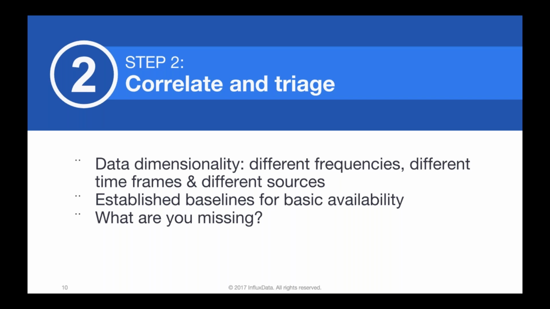The next step, step 2, is really to correlate the data and triage. So you have the metrics that you are either collecting or you want to collect. You've started ingesting that data. Now you want to understand a little bit more about the data. Understand data coming in with different frequencies, different time ranges, from different sources.